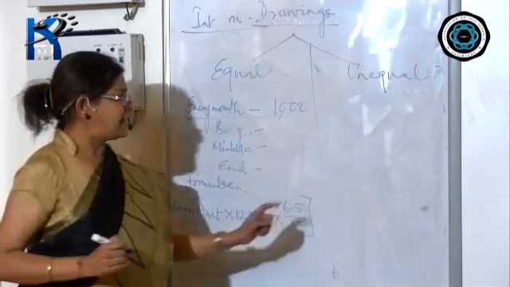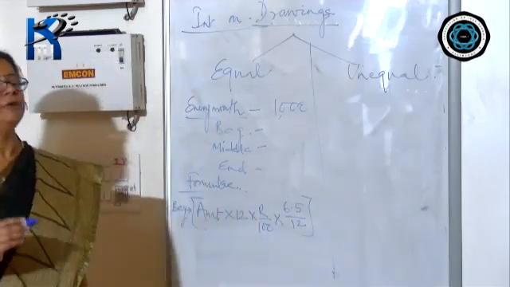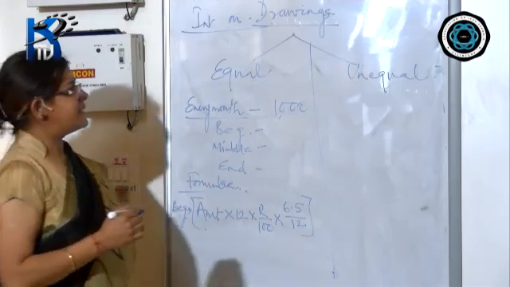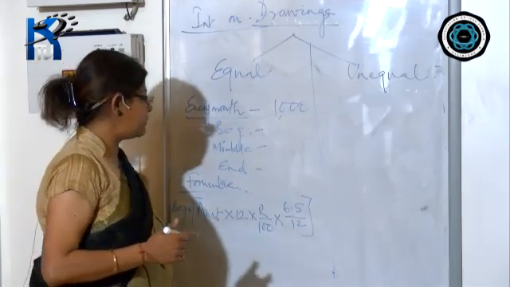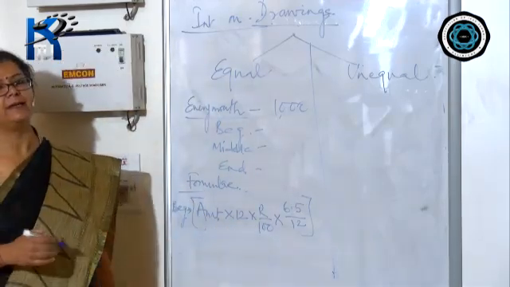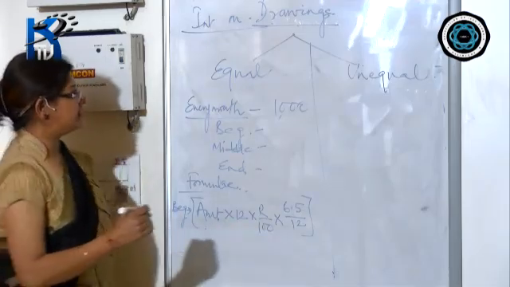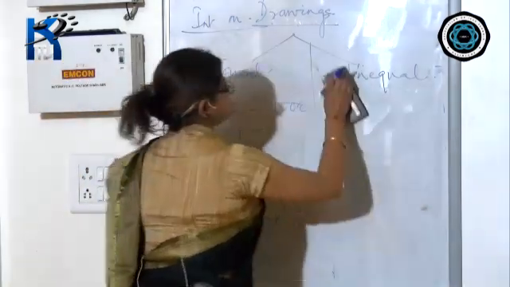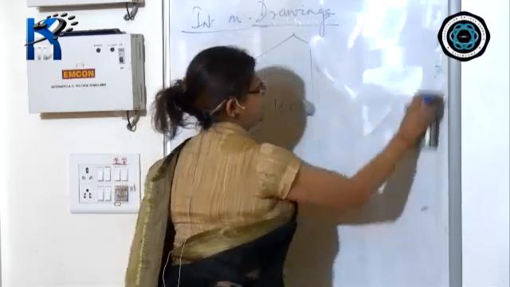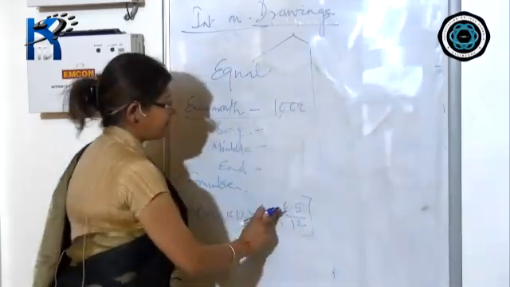Now, where did I get this 6.5 from? I'll explain this basic concept first so that it becomes easy for you to calculate the other amounts like these. Let us start. 6.5, how did I get this?